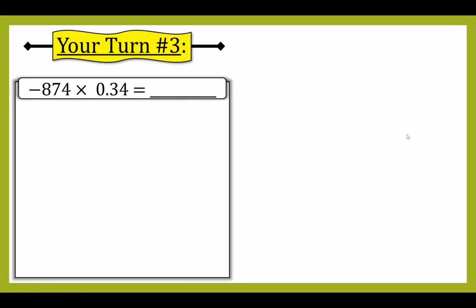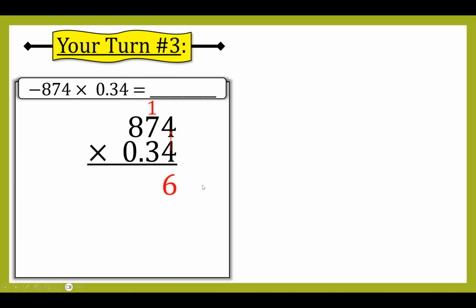All right, let's look at your turn number 3. So go ahead and pause the video. Okay, so I have negative 874 times 0.34. So I'm going to go ahead and multiply. 4 times 4, that will give me 16. 4 times 7 is 28, plus the 1 will give me 29. 4 times 8 is 32, plus the 2 will give me 34.